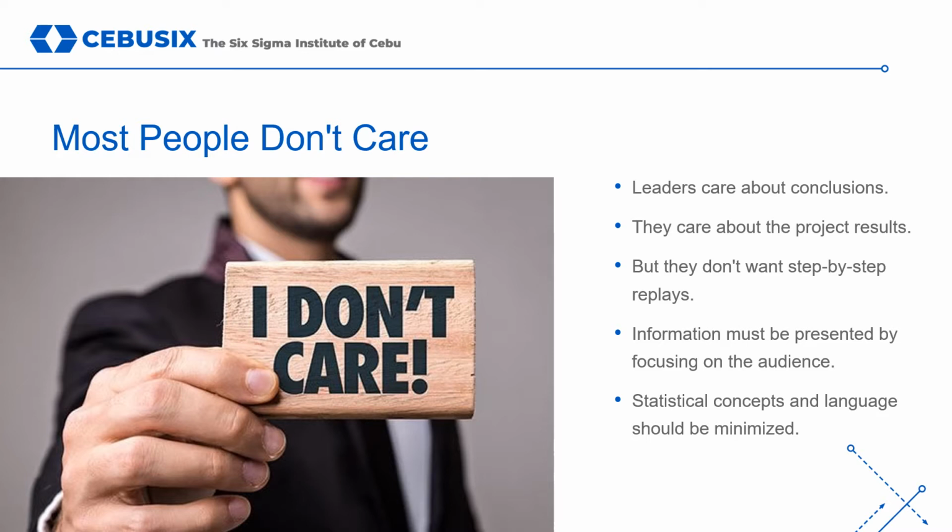That isn't to say that business leaders and others don't care about the conclusions or results of your analysis, and they certainly care about the results of the project as a whole. But you have to find a way to present your information in a way that ties in with what they care about and doesn't rely solely on statistical concepts and language to do so.